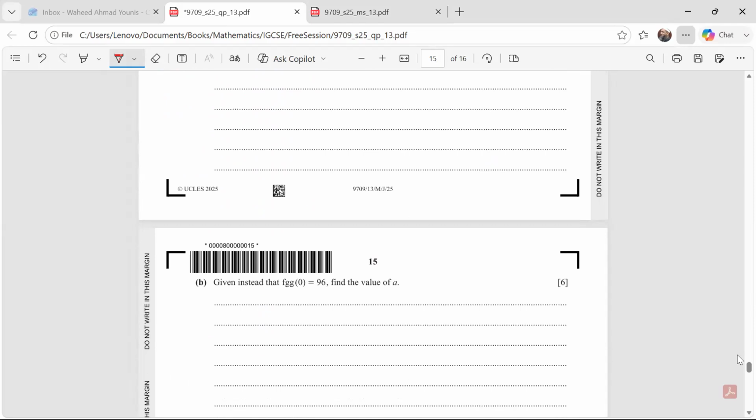Okay, now let me move on to the next part. Here we have g of x equals (x cubed plus 4) by 2, right? And f of x is given as x squared plus 4ax plus a. So these are the two functions we have. Now, what's the meaning of fgg0?